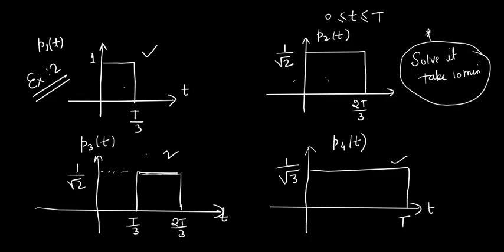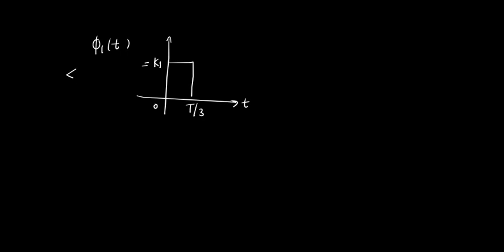See the intuition of how I answered this question. This is your P1T, right? Of course, your phi 1T would be a scaled version of this, correct? So, I call it K1, that is the scale. And what is the value of this scaled version?